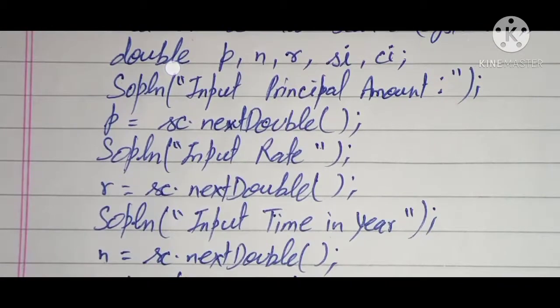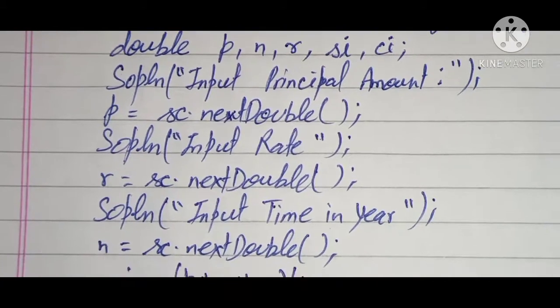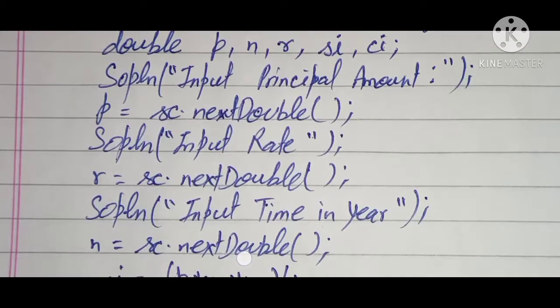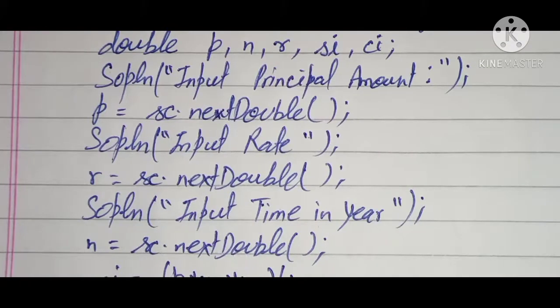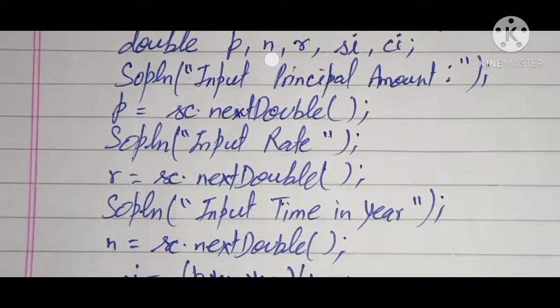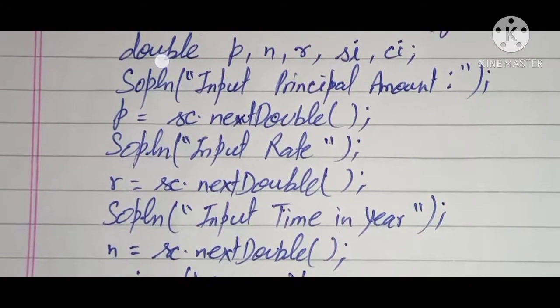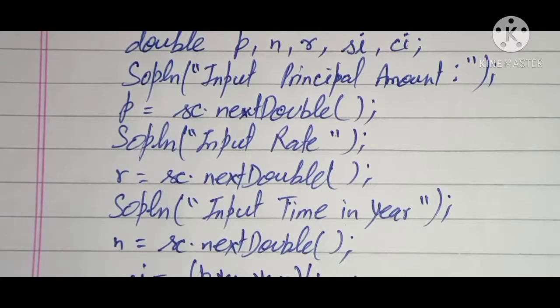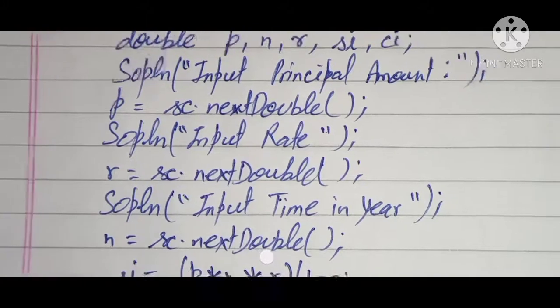And after that, input time in year: N is equal to sc.nextDouble(). If you want, you can use N as integer. There is no need to write N as double, you can use N as integer, but I have written it this way, which is also okay.